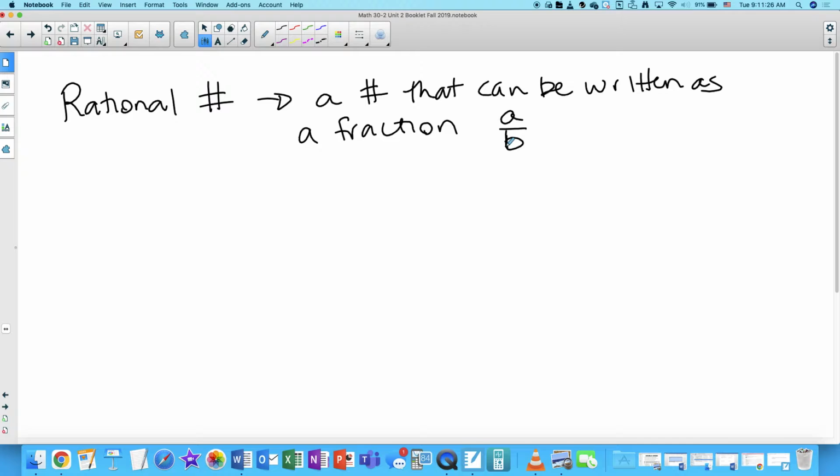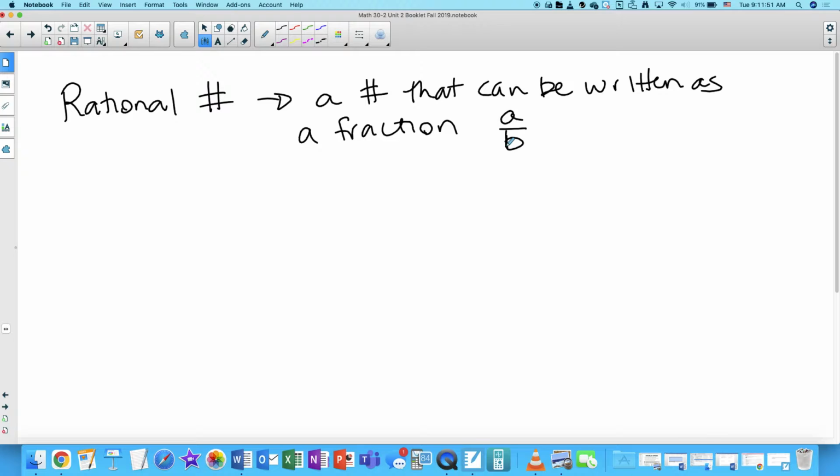Okay, and then there are some conditions. So a and b both have to be integers, right? Positive and negative whole numbers. So pi over 2 doesn't count because pi is not rational. And additionally, b cannot be 0 because we're not allowed to divide by 0. But basically that's the gist of it. You have to be able to write it as a fraction.